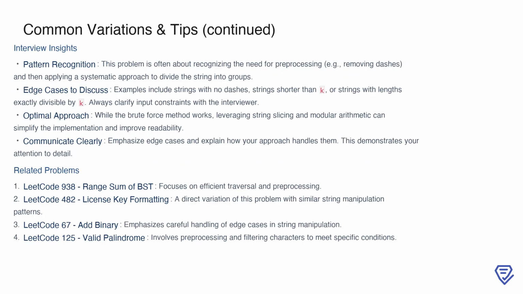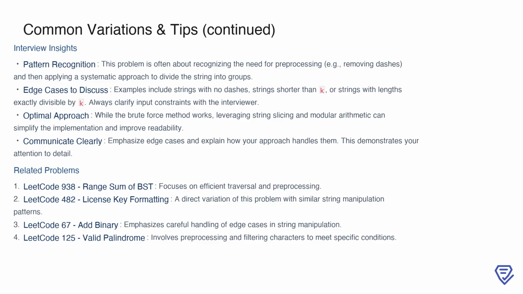Now, let's discuss some important insights to keep in mind during an interview for this problem. One key skill is recognizing patterns within the problem, such as the need to pre-process the string, like removing dashes, and then applying a structured approach to divide it into groups. Edge cases are another critical area to address. For instance, consider inputs with no dashes, strings shorter than the group size k, or strings with lengths exactly divisible by k.